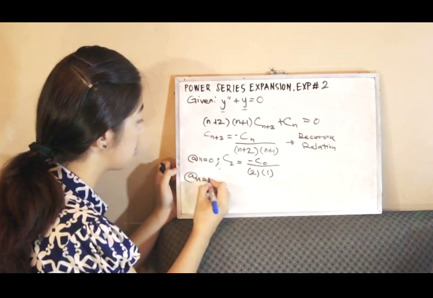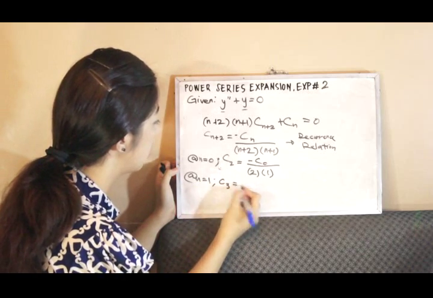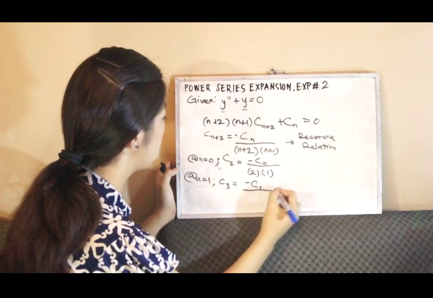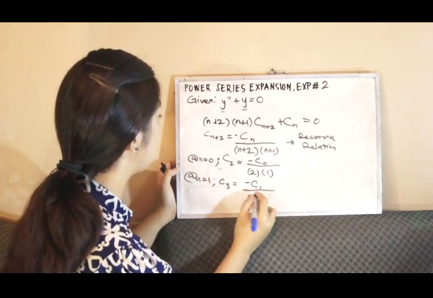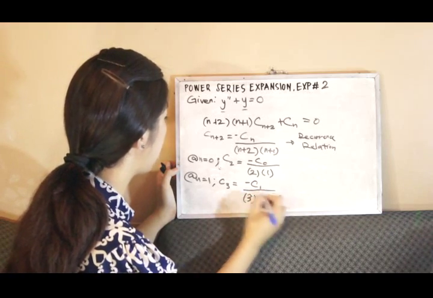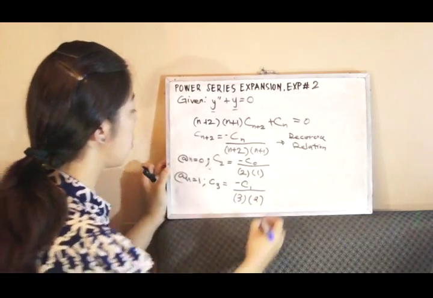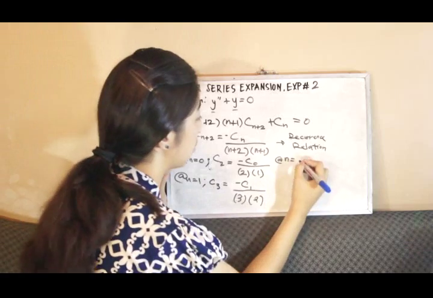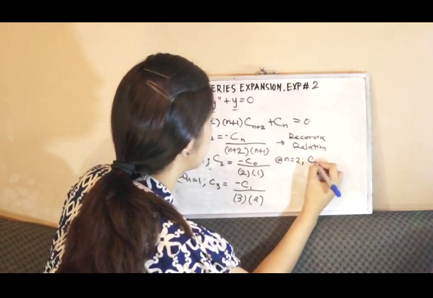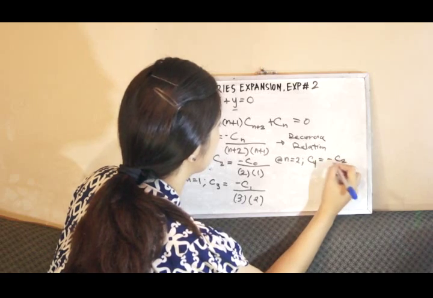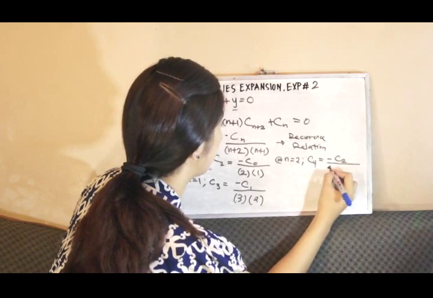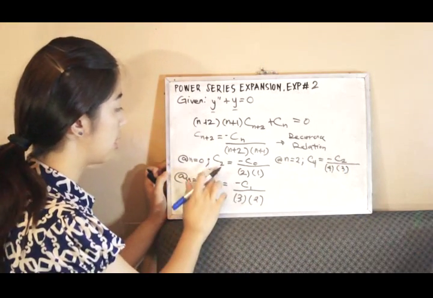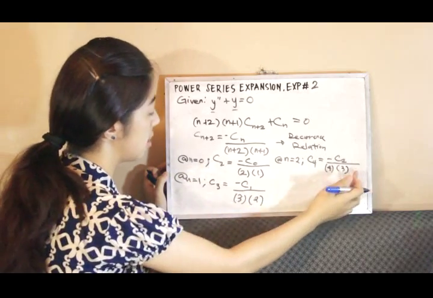At n is equal to 1, we will have c sub 3 equal to negative c sub 1 over 3 multiplied by 2. At n is equal to 2, we will have c sub 4 equal to negative c sub 2 over 4 multiplied by 3. But also we already have c sub 2. Take a look at that. So c sub 2 in here, c sub 2 in here.